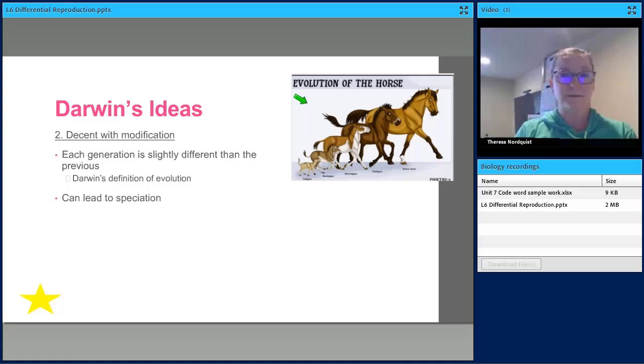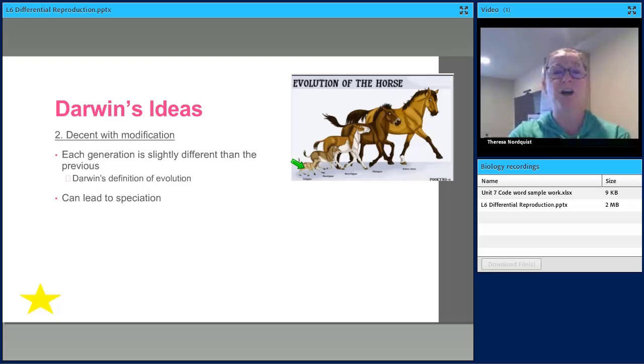And descent with modification can lead to speciation through thousands of years. In this picture I have up here, it shows the evolution of a horse, and we have fossils of these different horse ancestors. So here's our common day horse, and if you go back in time, this is what a horse looked like 50 million years ago.